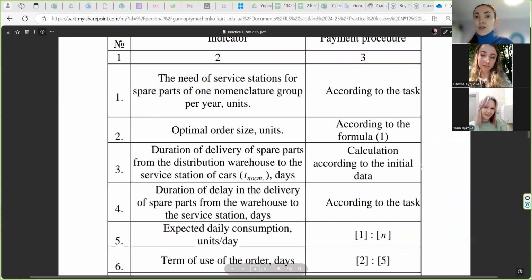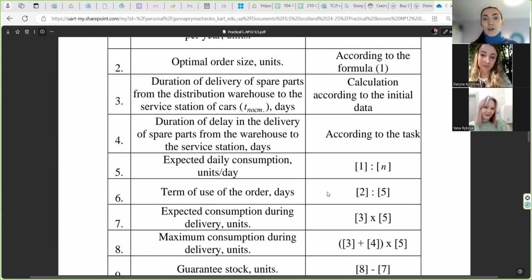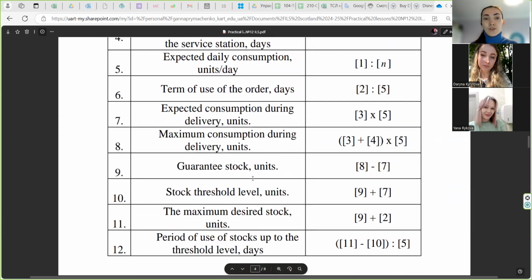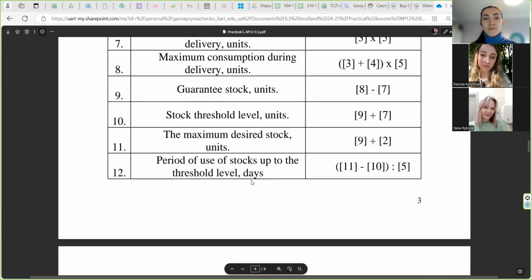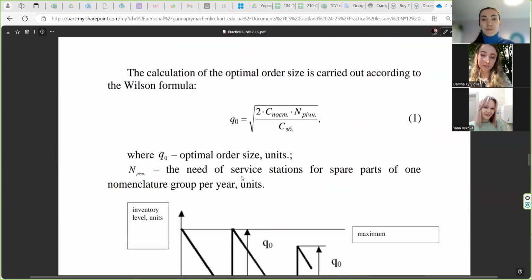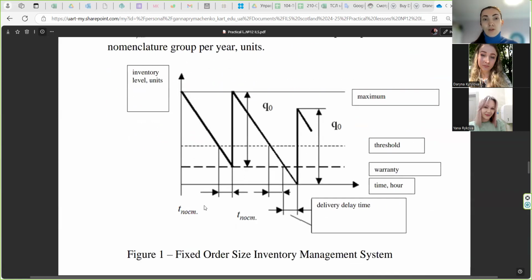The first formula is calculated according to the initial data of the task. When we need some parameters of coordinates, maximum composition, stock. Maybe we only use these parameters here.